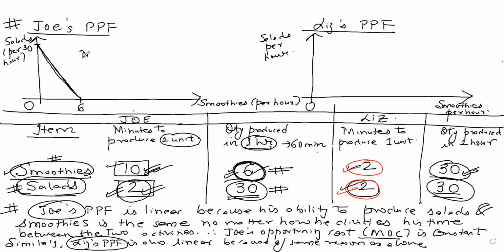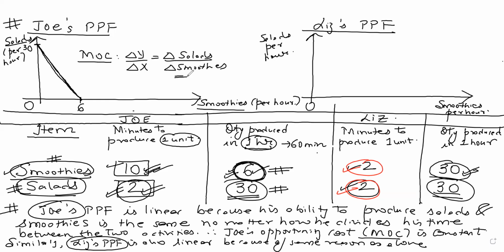What is the marginal opportunity cost? So understand, to produce one smoothie, how many salads have to be given up? Salads are on the y-axis, smoothies are on the x-axis. So marginal opportunity cost is nothing but change in y upon change in x.